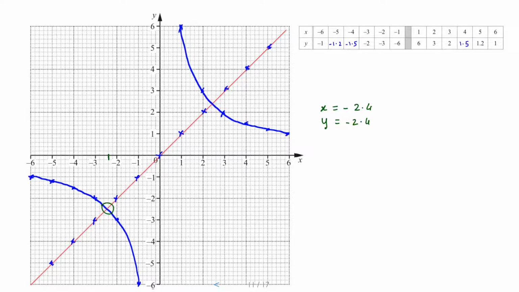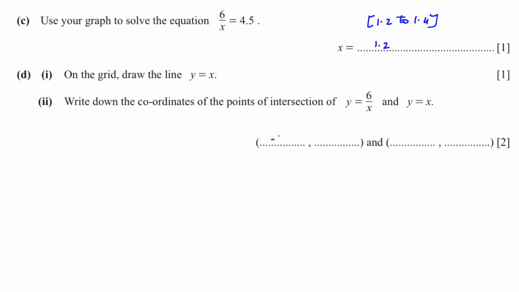And the other one is when x is 2.4, y is 2.4. So these are the values, negative 2.4 and 2.4.